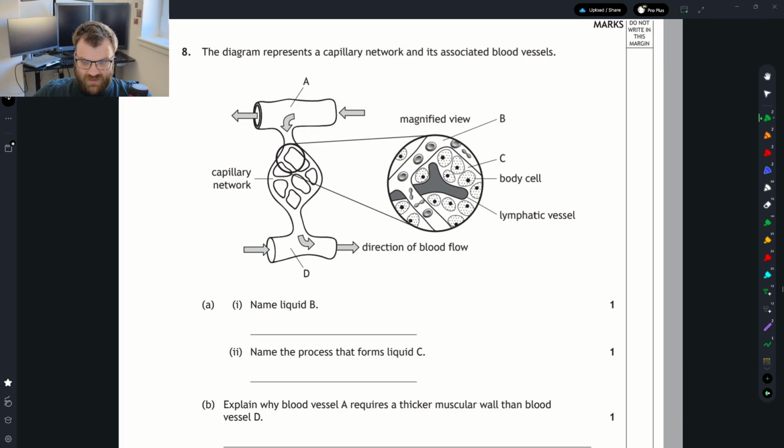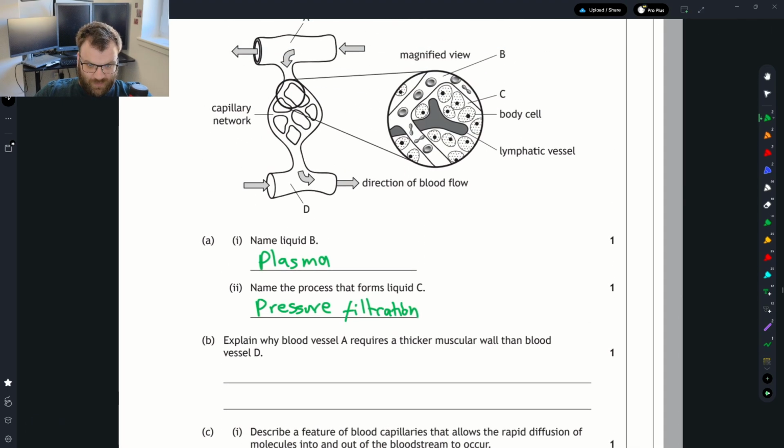Liquid B. So that is the part that makes up the majority of the blood, but it isn't the cells. That is the plasma. Or the process that forms C is when we're squishing it through the walls, and that is pressure filtration. Allows the liquid to pass through it.